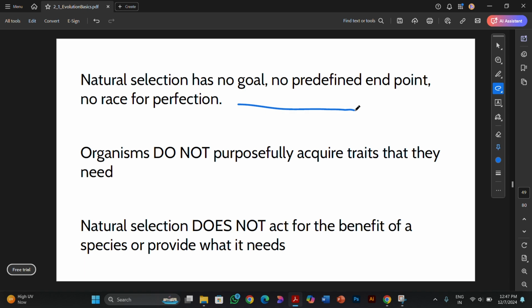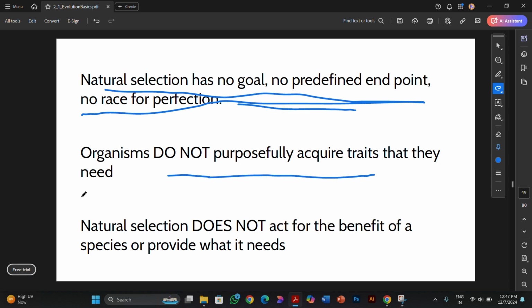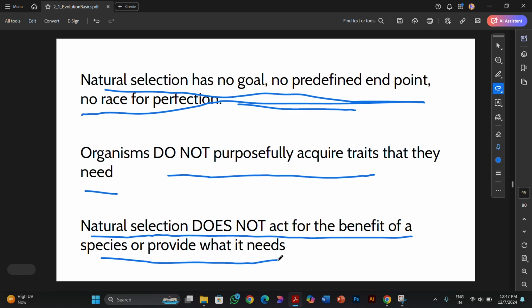Natural selection has no goal, no predefined endpoint, no race for perfection. Organisms do not purposefully acquire traits, they just have them randomly. Natural selection does not act for the benefit of a species or provide what it needs. You have to remember that, so you should not have a misconception about it.